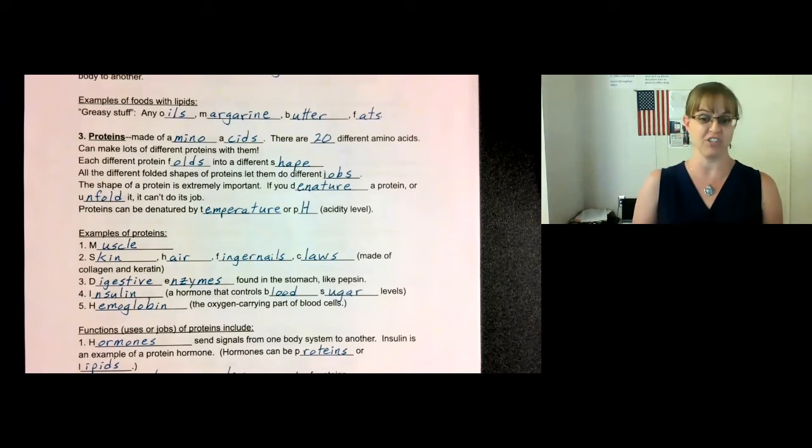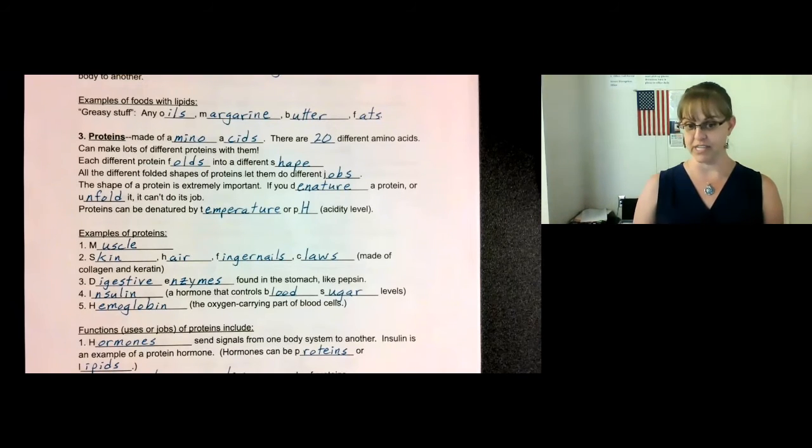Proteins do most of the jobs in your body. For example, one protein gives you your eye color. Another protein makes your nails. Another protein makes your muscles. A different protein makes your heart muscle compared to your arm muscles. Digestive enzymes are proteins. They are found in the stomach and they help you to digest your food. Pepsin is an example of a digestive enzyme, and that's a protein.